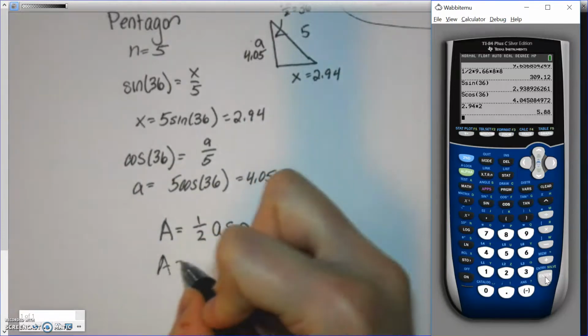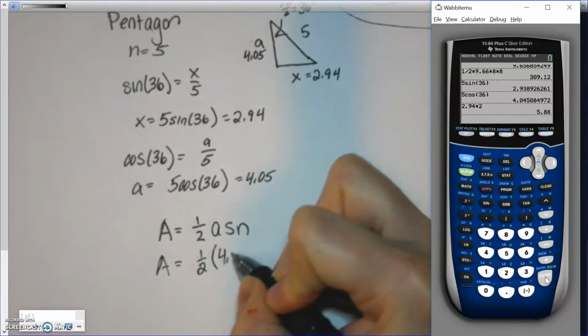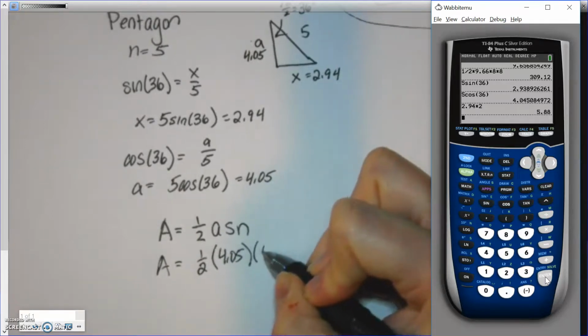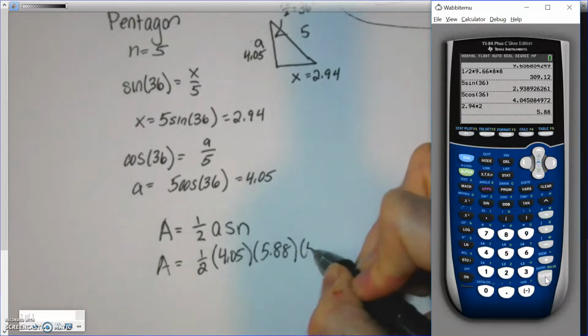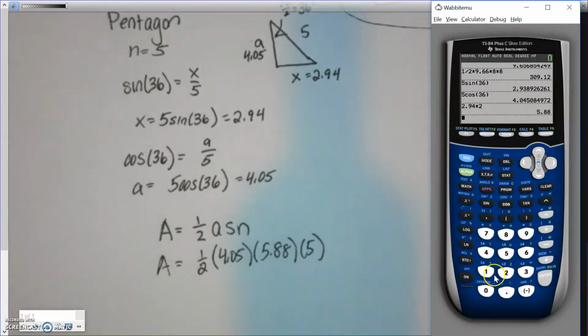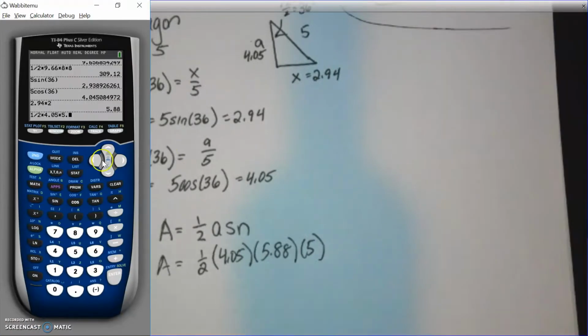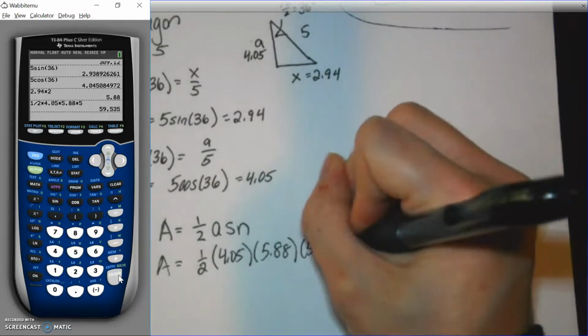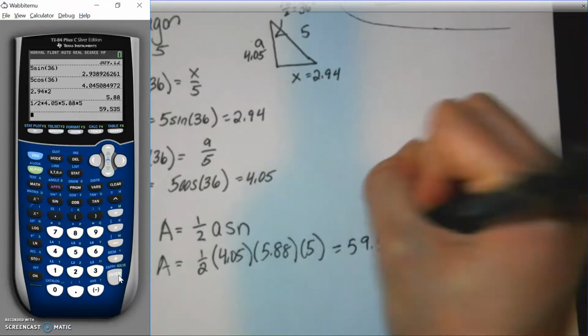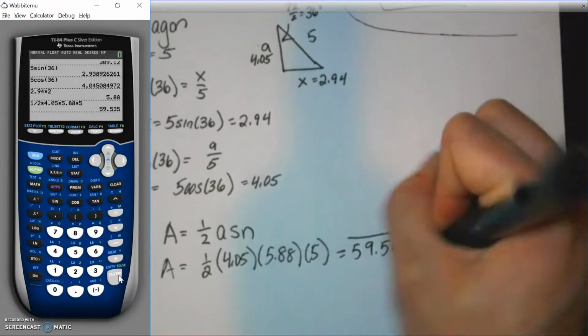And I'm going to do area is 1/2, apothem, side length we calculated was 5.88 times 5.88 times 5. And we're going to get that the area is 59.54 centimeters squared.